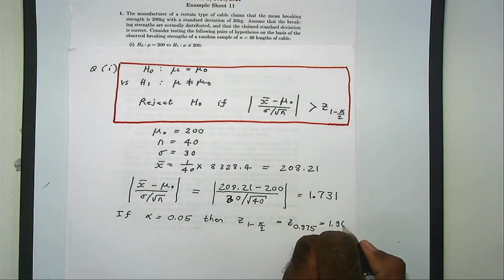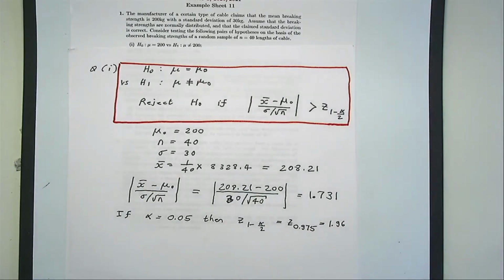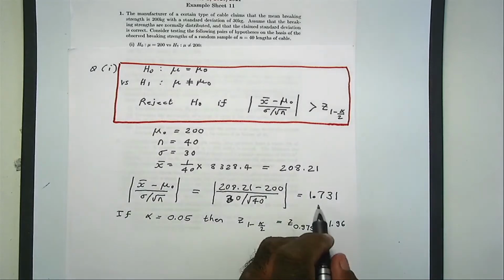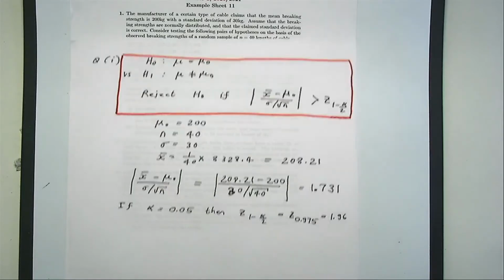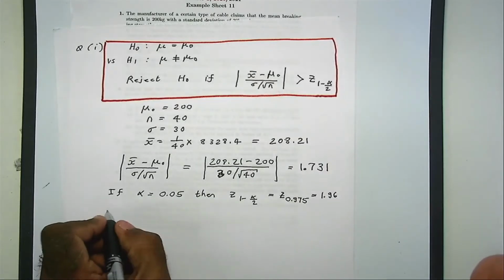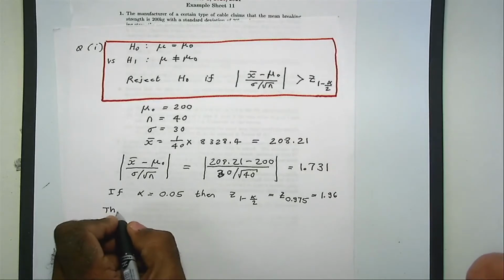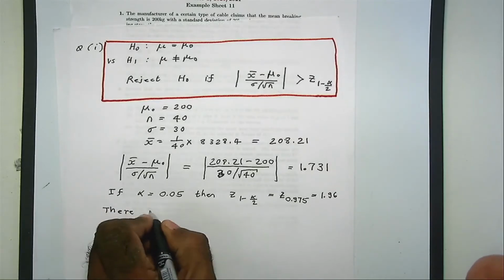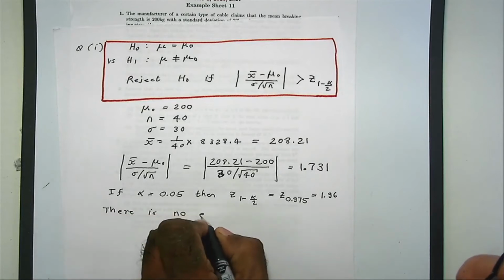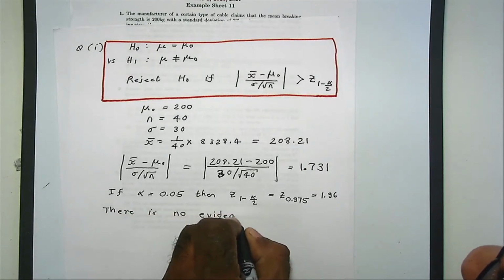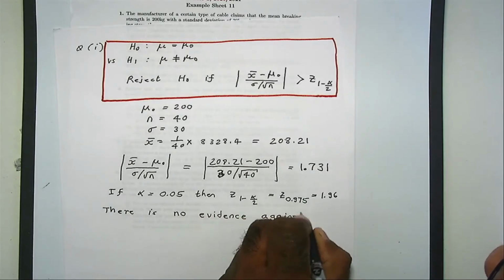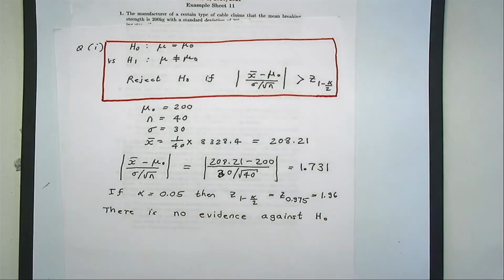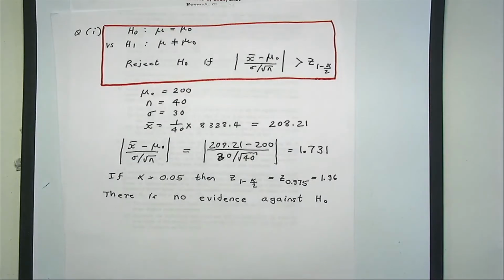And clearly 1.731 is not greater than 1.96. So there is no evidence against the null hypothesis. The conclusion you can make here is that we cannot reject the null hypothesis if alpha is 0.05.